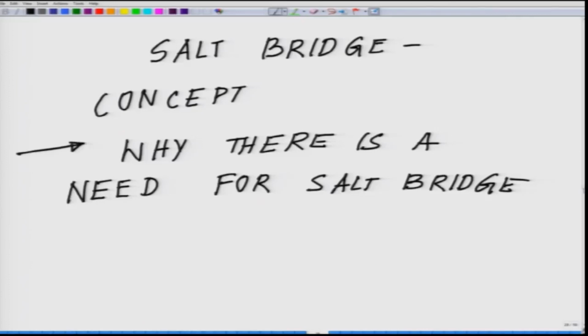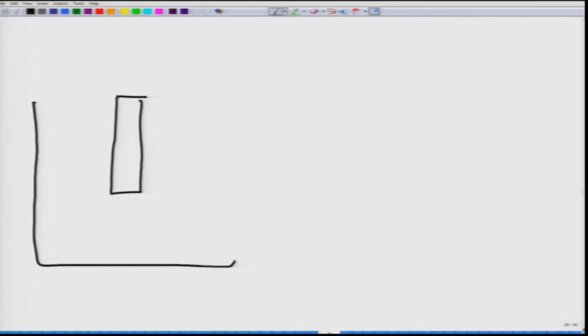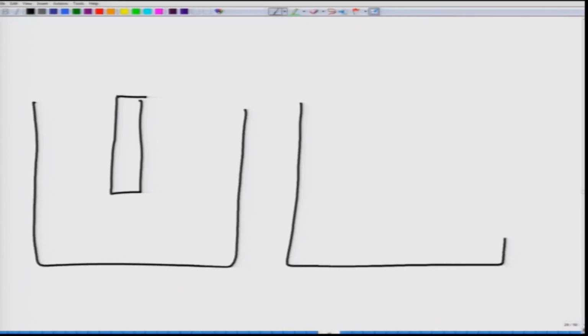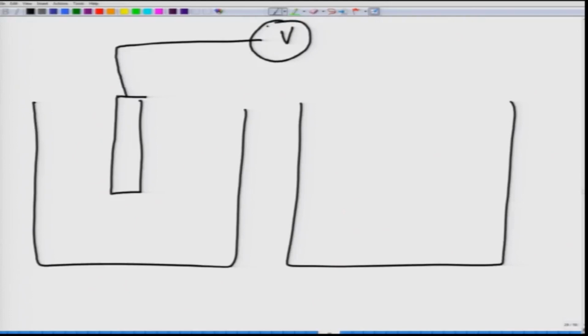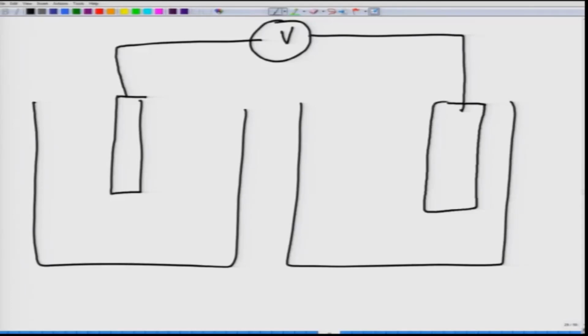Let us draw the situation where we did not get any network done. Here we have two different beakers. We have the voltmeter, or potentiometer, sitting here, a silver electrode, Ag, and a cadmium electrode here.